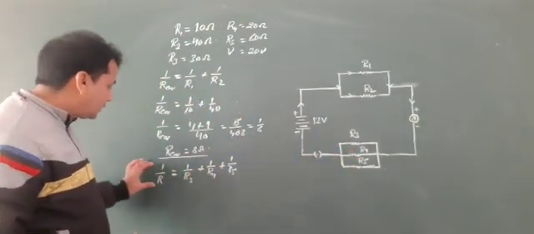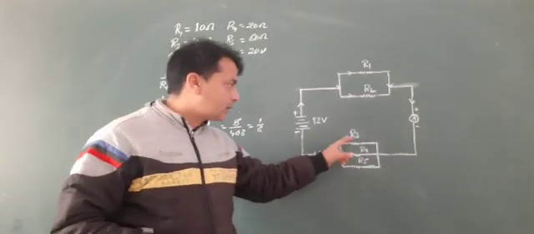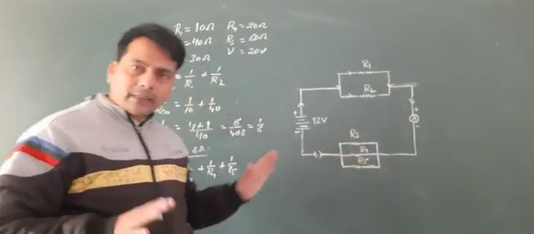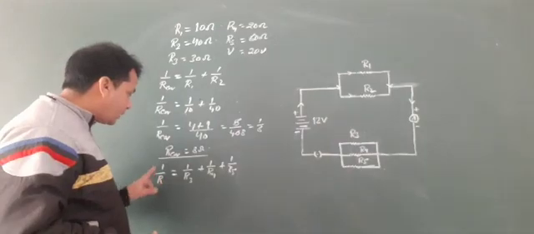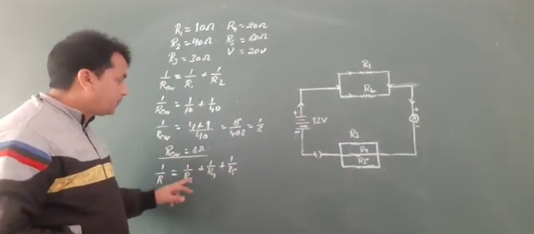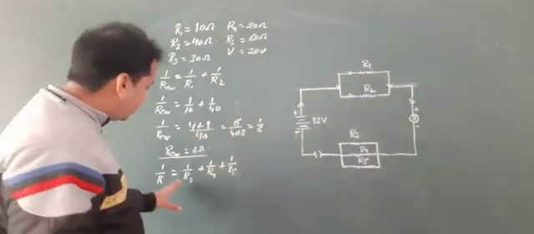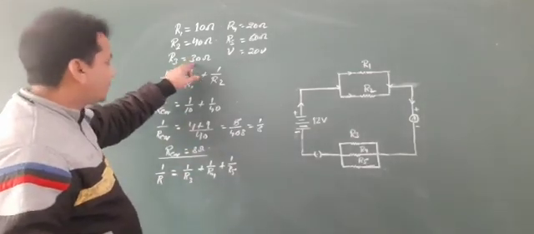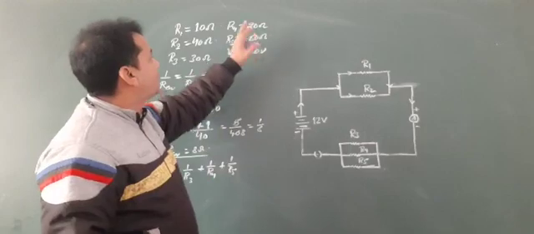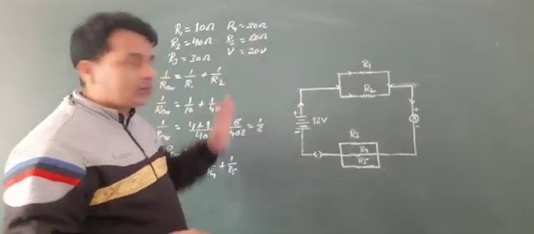Suppose that the equivalent resistance of R3, R4 and R5 is R, then 1 by R equals 1 by R3 plus 1 by R4 plus 1 by R5. So put the value of R3 equal to 30 ohm, R4 equal to 20 ohm and R5 equal to 60 ohm.